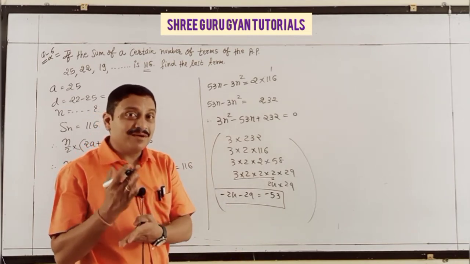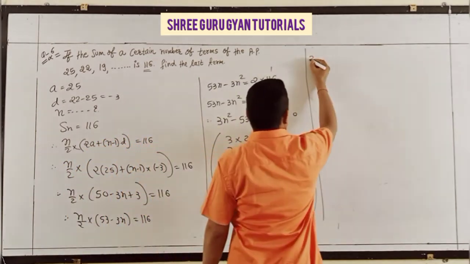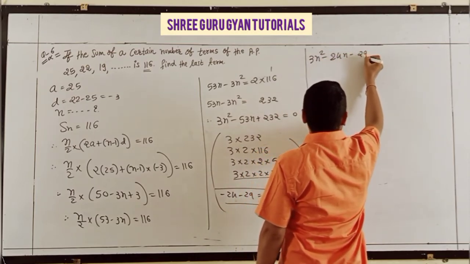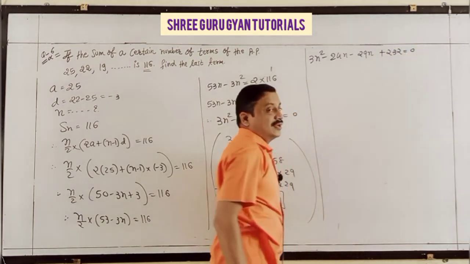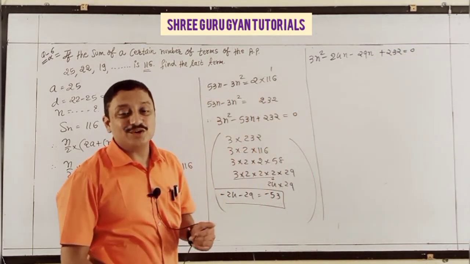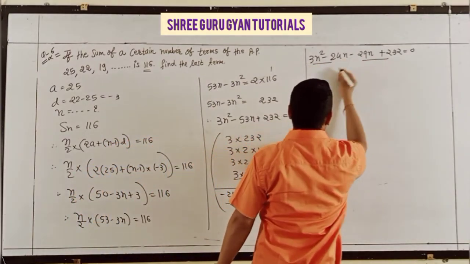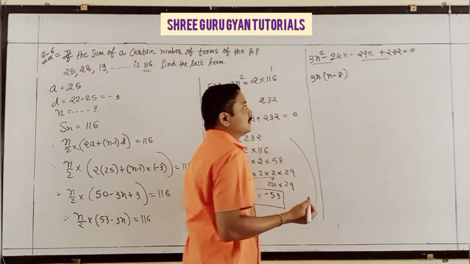Minus 24 minus 29. So I further calculate 3n square minus 24n minus 29n plus 232. And easily you can create the factorization, students. Here 3n common, (n minus 8).